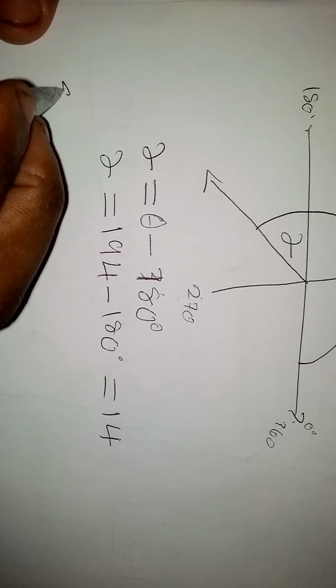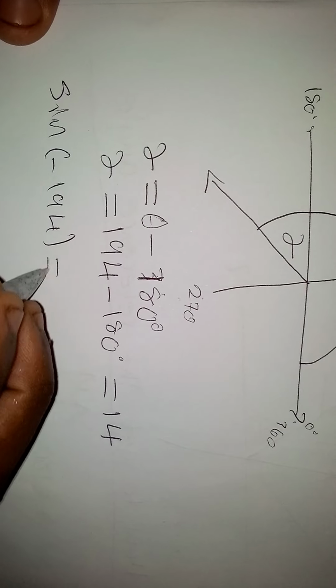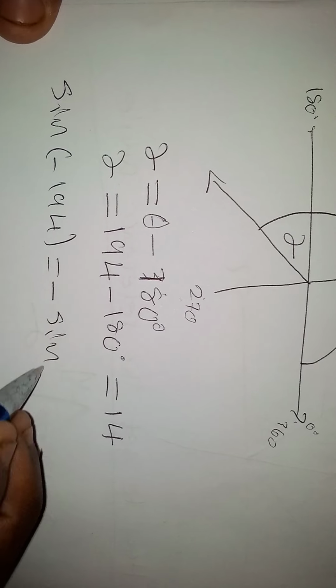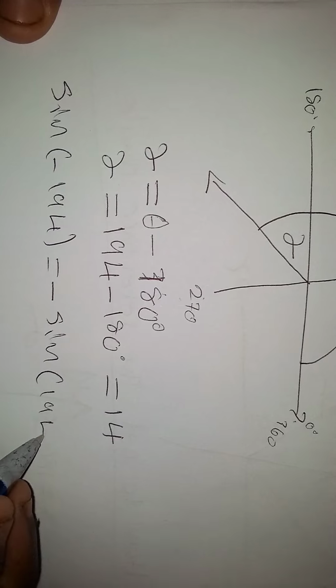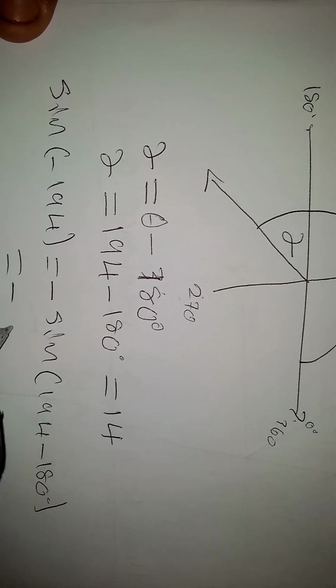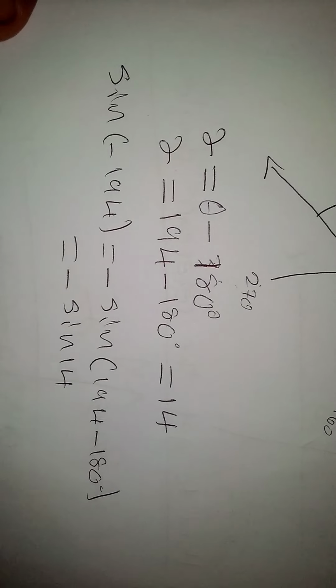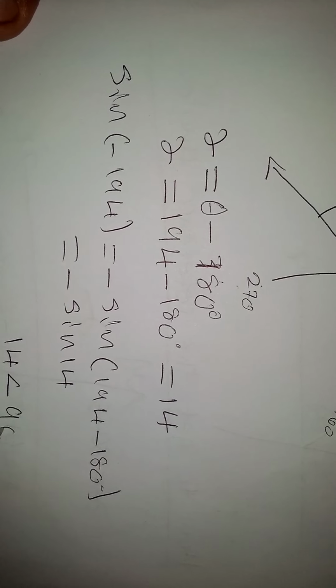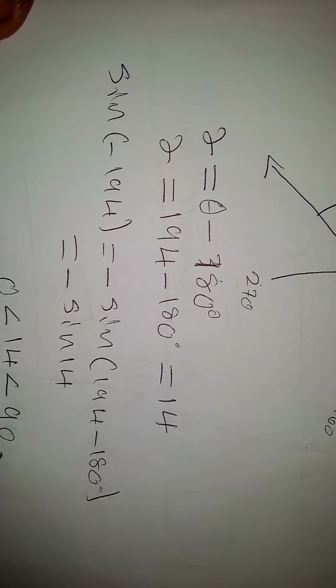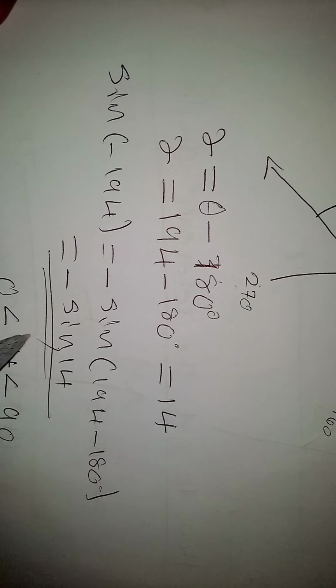So sine of negative 194 is equal to negative sine of 194 minus 180 degrees, which is negative sine 14. We can see that 14 is less than 90 degrees, between 0 and 90 degrees, so it is an acute angle.